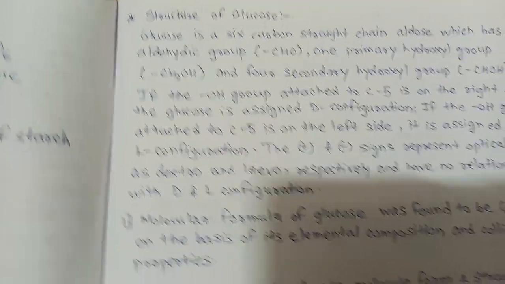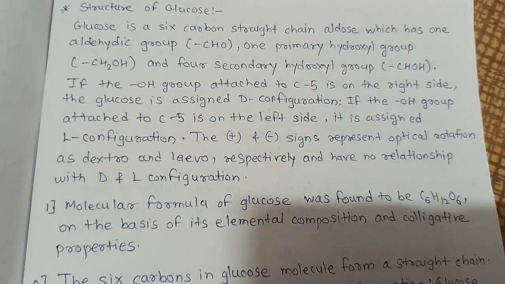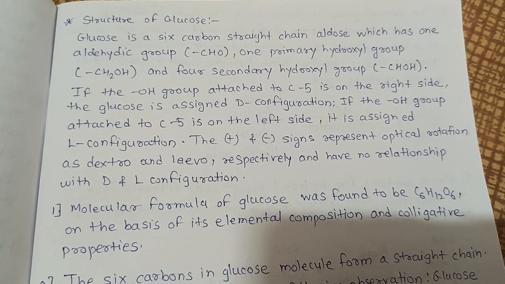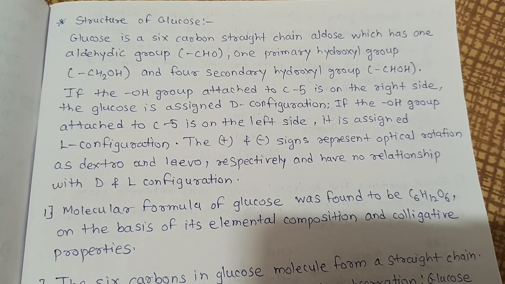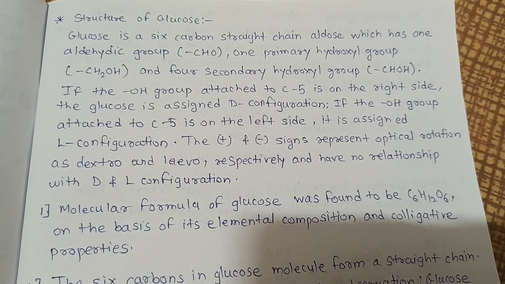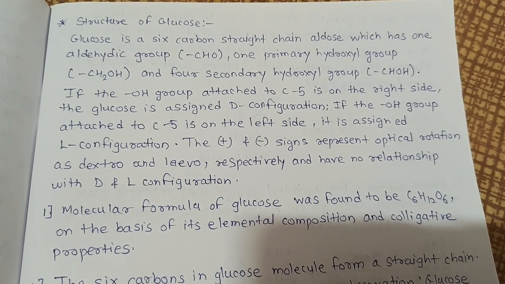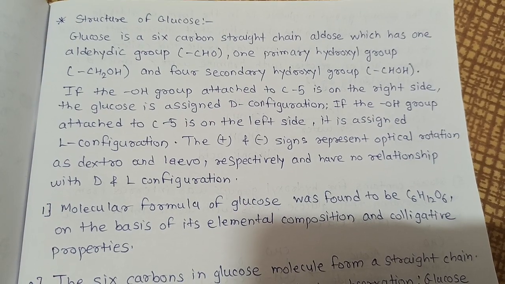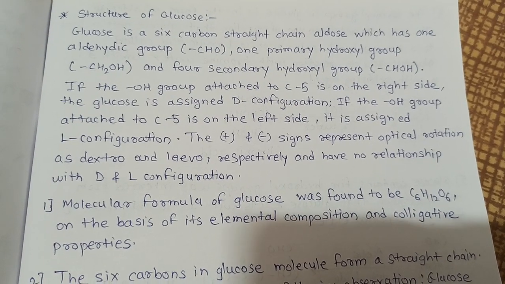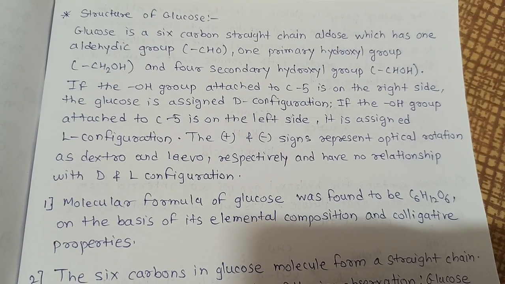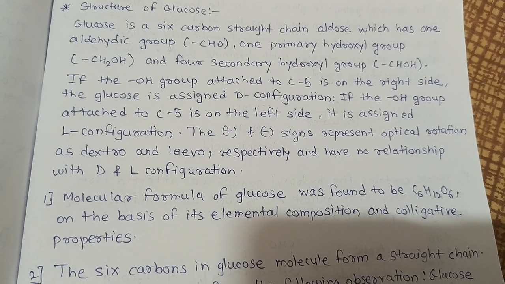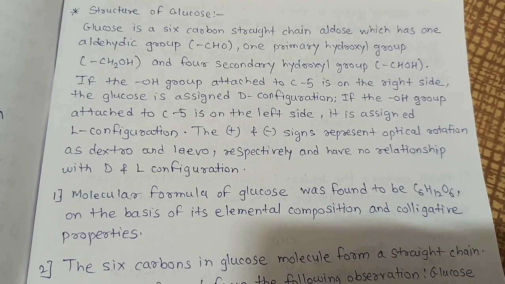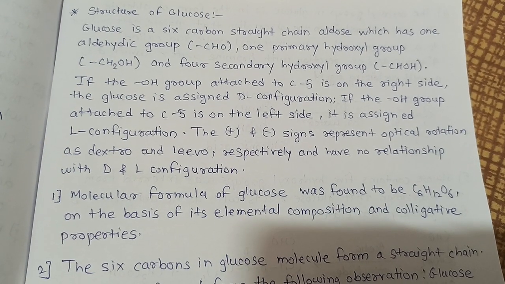Now the next part is the structure determination of glucose. Glucose is a 6 carbon straight chain aldose which has one aldehydic group CHO, one primary hydroxyl group CH2OH at the last carbon, and 4 secondary hydroxyl groups CHOH. If the OH group attached to C5 is on the right side, the glucose is assigned D configuration.